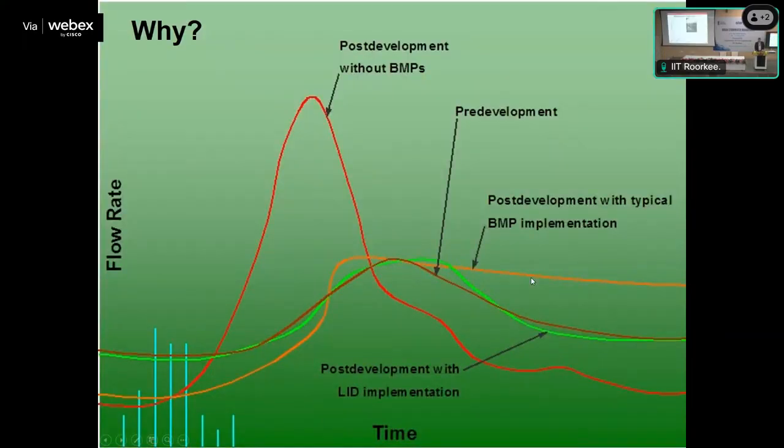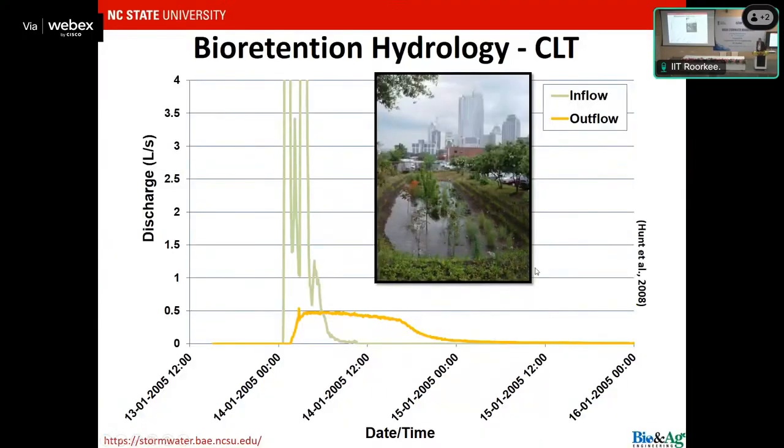All right, now let's keep going. What we want our stormwater control measures to do is to take really big inflow peaks and reduce them. This is what we've done here. And then we also want to release less water than what we started with.